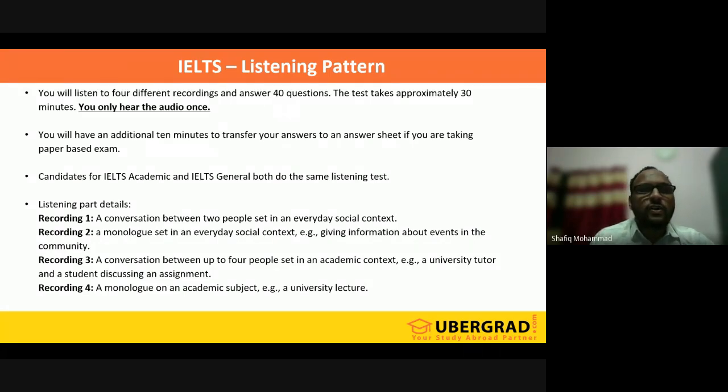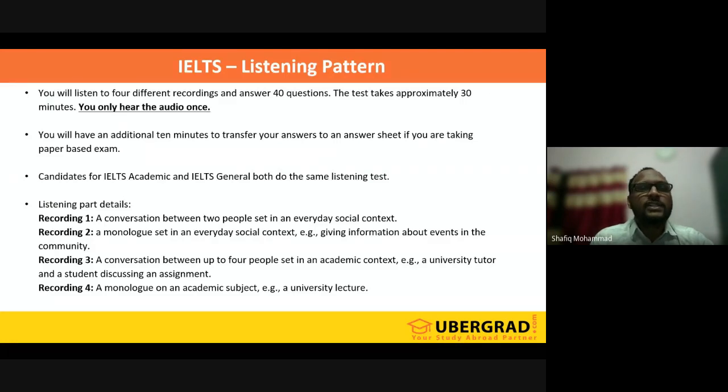In computer-based, at the same time you're going to type it over there. They'll give another 5 to 10 minutes to check your answers and spellings. By the way, IELTS stands for International English Language Testing System.